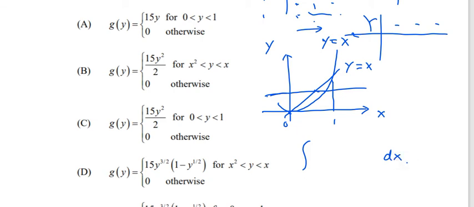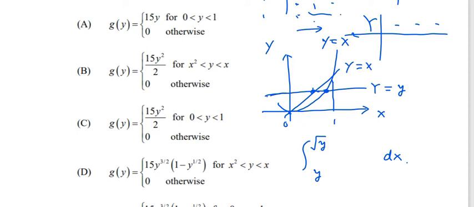For the line y equals y, the small x goes from this point to this point: from y to radical y.